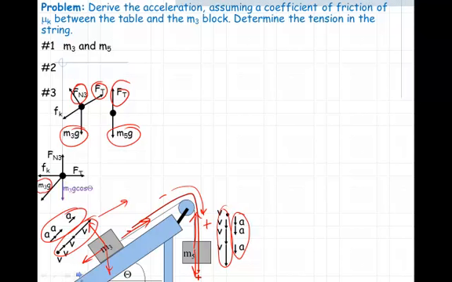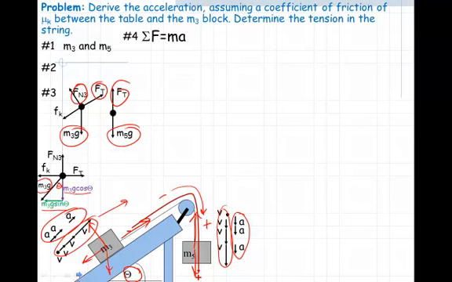We will also include the components to that off-axis force, M3G. Since this is the angle that is the same as that angle, this side is the adjacent side, so it's M3G cosine theta. The opposite side is the sine component, M3G sine theta.